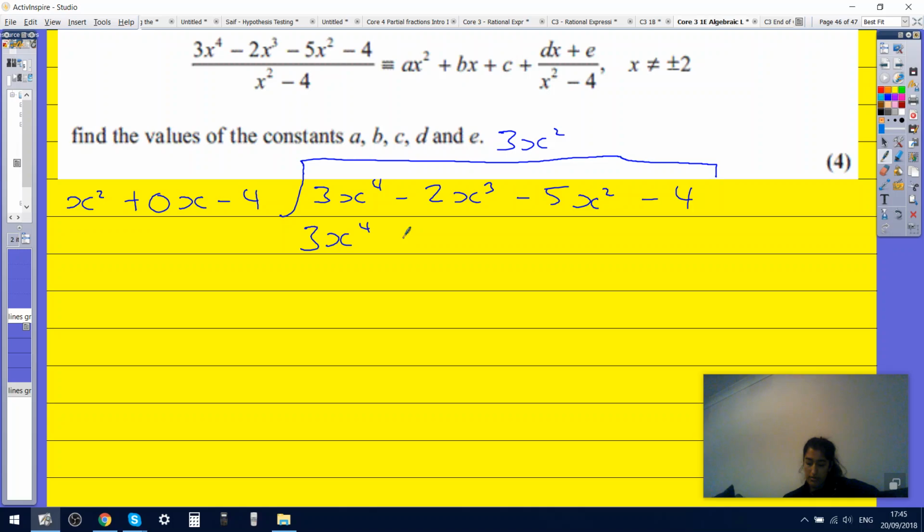And then you do minus 2x cubed divided by x squared, which gives you minus 2x.